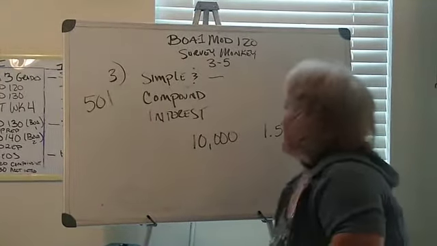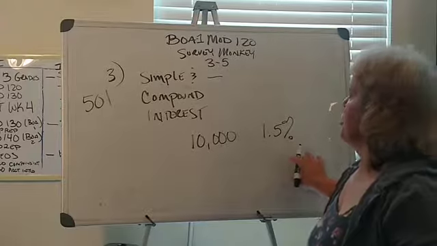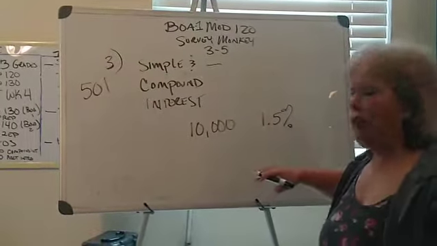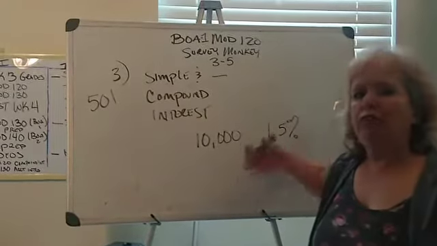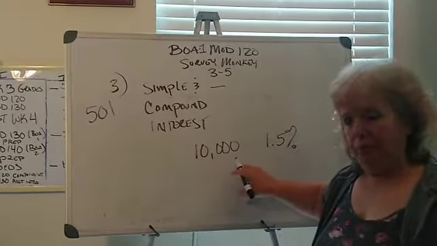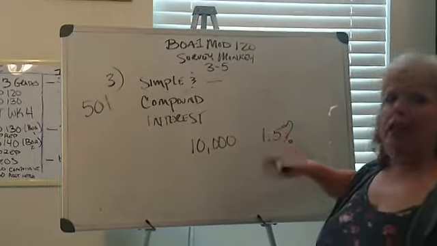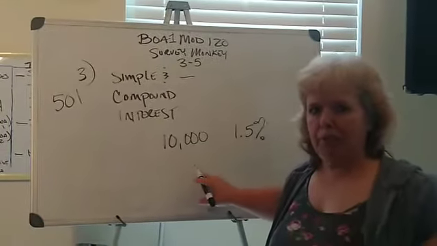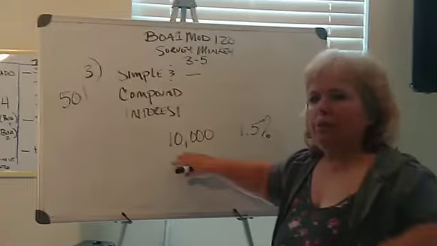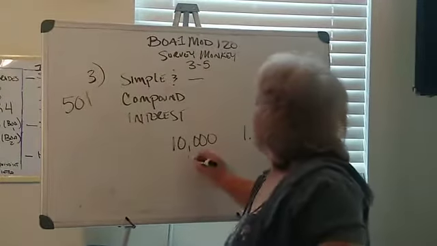I was right. It's going to be $150. If it was just simple interest, next year it'll be another $150 based only on the principal, and the following year another $150. Now, if it was compound interest, it would be the principal plus the $150.